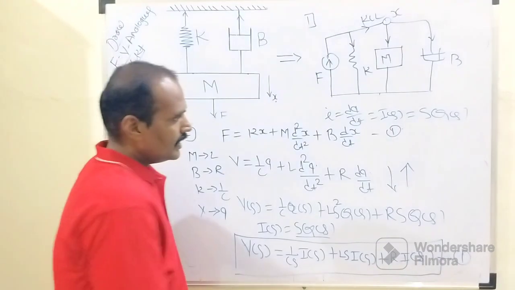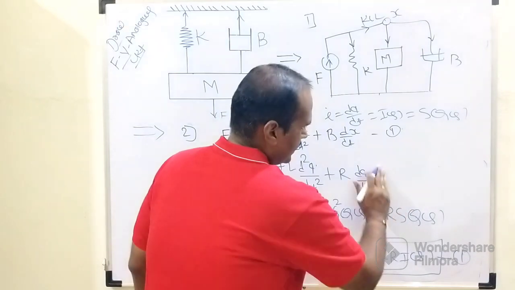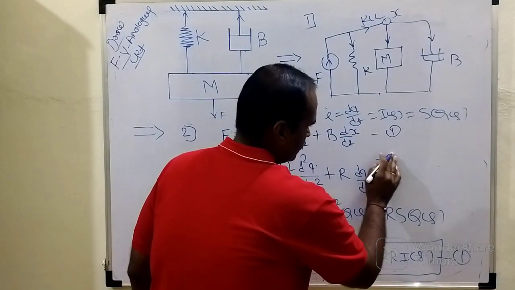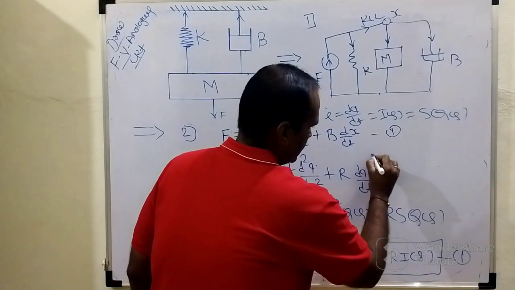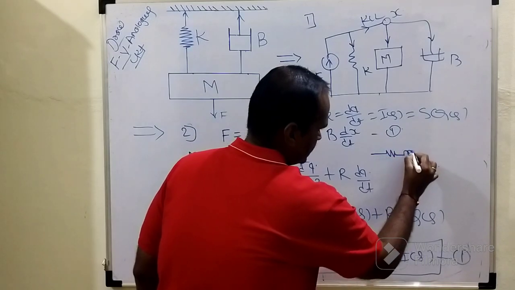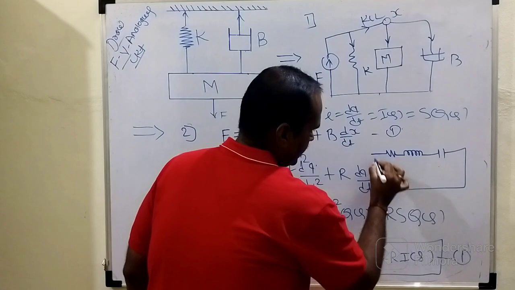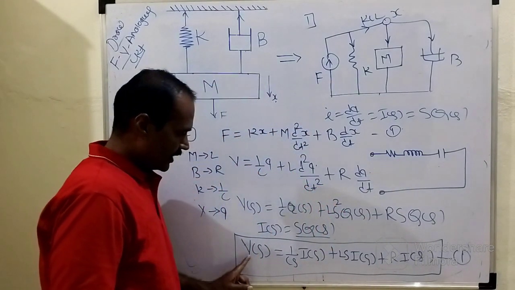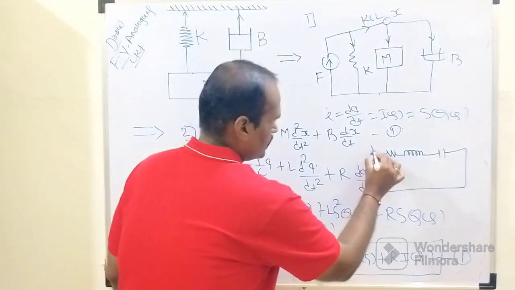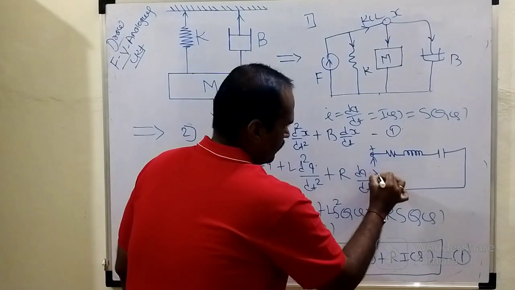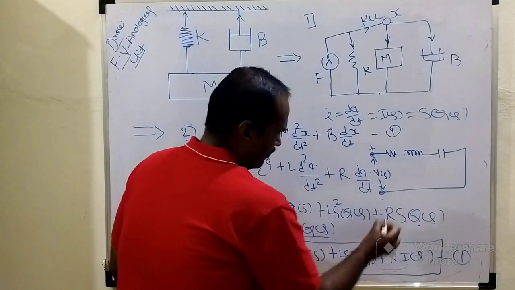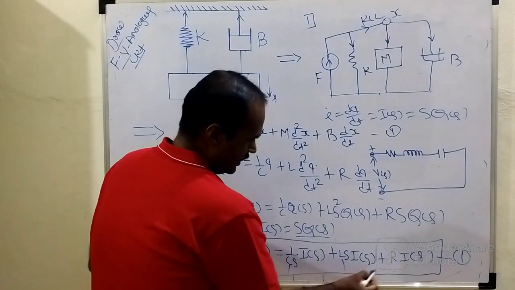So accordingly, the equivalent electrical network is this: the first element R, the second element L, and the third element C. And which voltage is applied here? V of s. And which current flows through this C, L, and R?